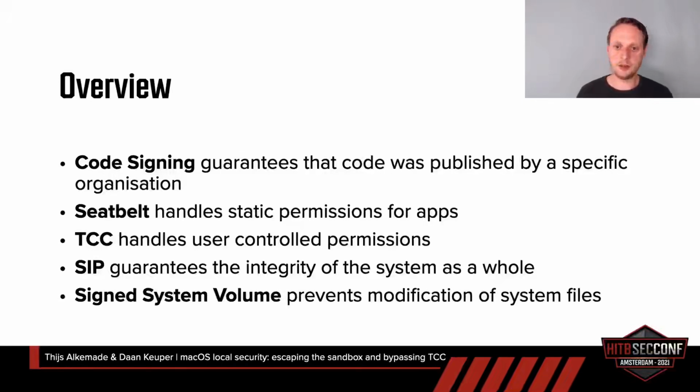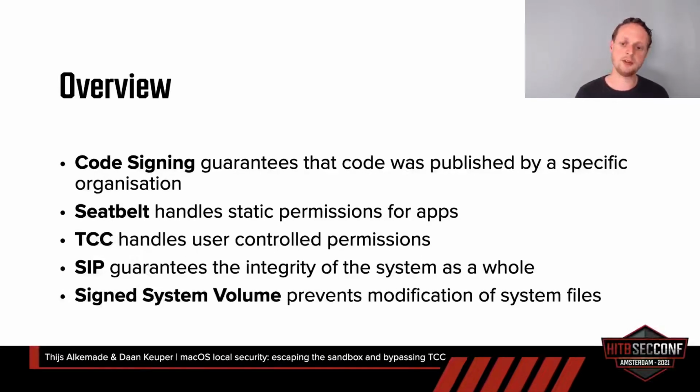So to give a short introduction about all the things we talked about, the code signing guarantees that the code was published by a specific organization and it was not altered after the fact. The seatbelt handles the static permission an app has, like read or write access to specific locations.